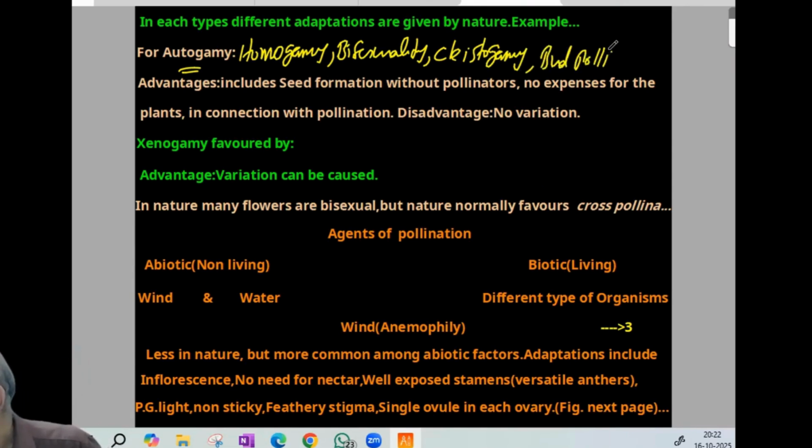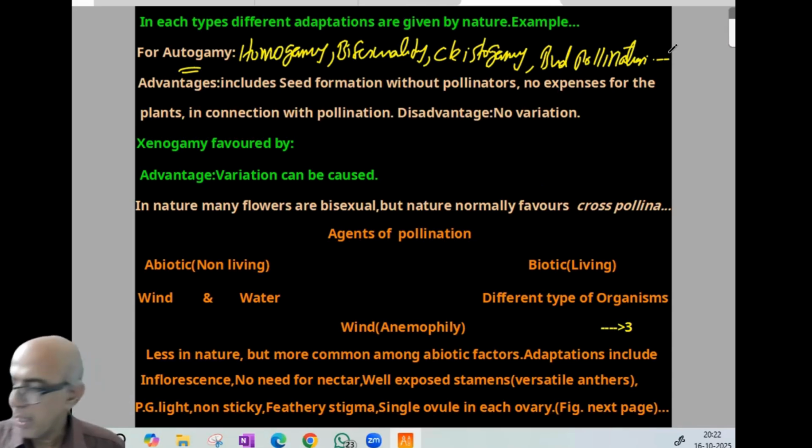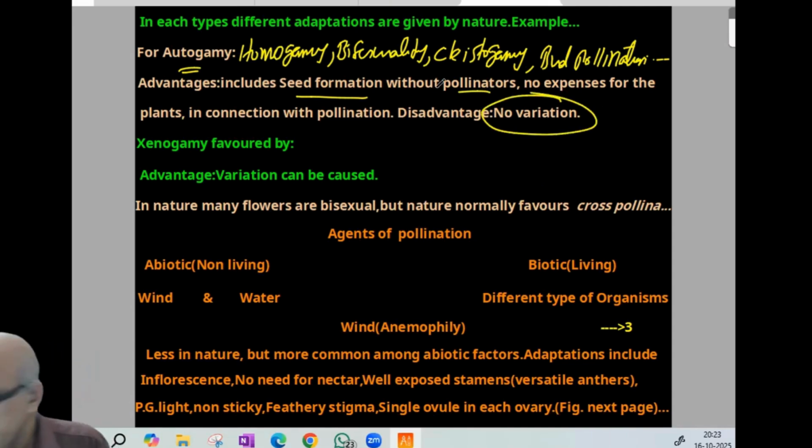What is the advantage of self-pollination? It helps in seed formation, no doubt. No need of any pollinators, so no expense for attracting pollinators to the plant. The disadvantage is no variation.